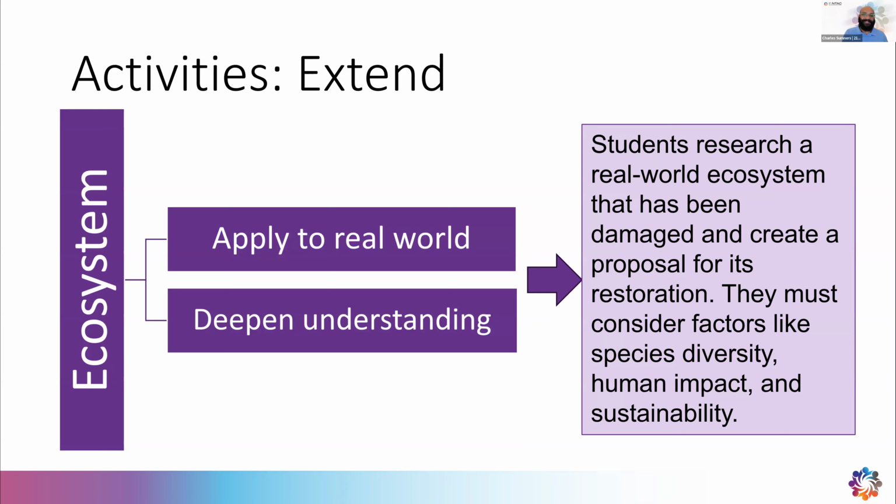Well, good to know that that's something positive that I did in the classroom. Yeah, it aligns. And we can take it even further and make sure that students are thinking about all the different aspects, right? The species diversity, the human impact, the sustainability of the environment. All of these things are great ways to start to get kids digging deeper around the real world application around ecosystems.